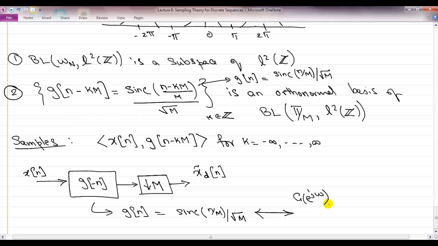What is this filter doing? The Fourier transform of this sinc is simply a square function from minus pi over m to pi over m with a height of square root of m, and of course this will be repeated every 2 pi.